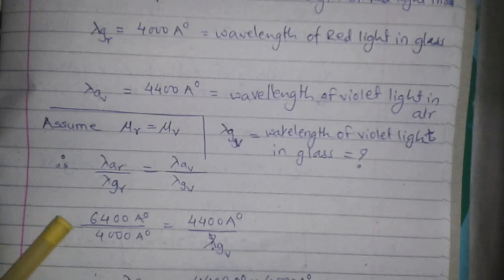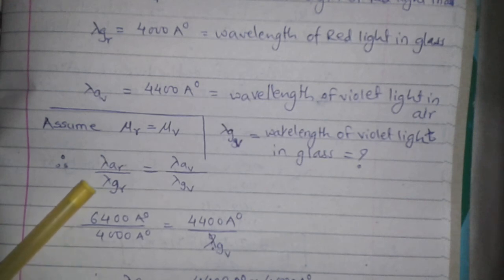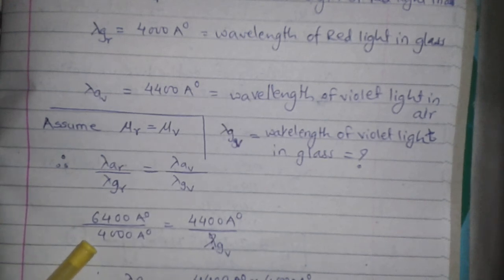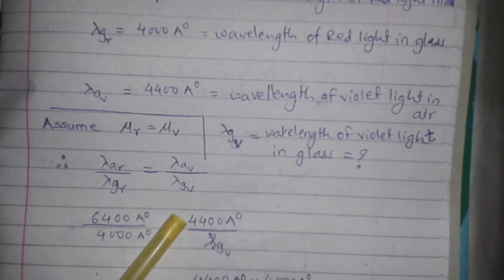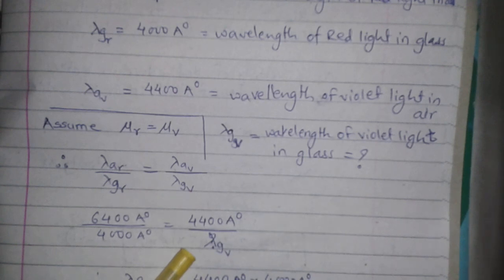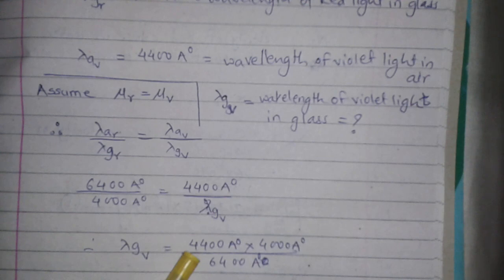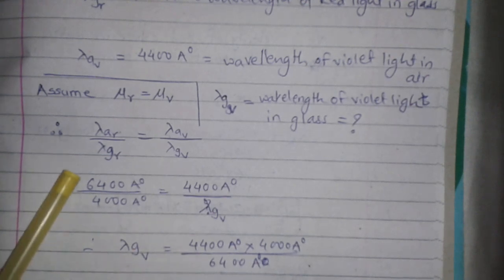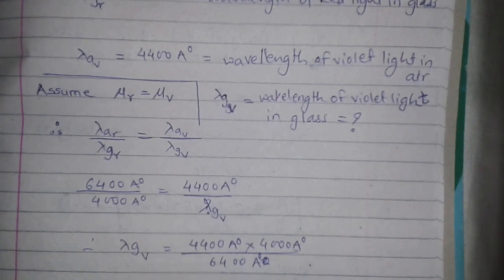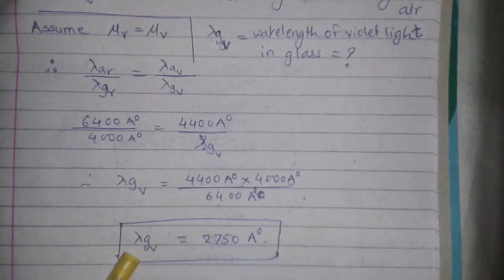We have given wavelength of red light in air as 6400 angstrom, wavelength of red light in glass as 4000 angstrom, then wavelength of violet light in air as 4400 angstrom, and we need to find wavelength of violet light in glass. So on cross multiplying 4400 by 4000 angstrom and dividing by 6400, you will find that wavelength of violet light in glass is 2750 angstrom.